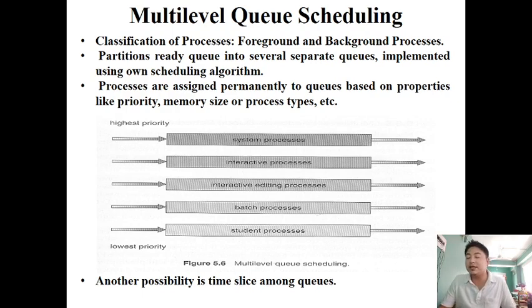Next, we have discussed another class of algorithm, the multi-level queue scheduling algorithm, where the processes are divided into different groups based on their properties, and the ready queue is divided into partitions, where the different queues are implemented using different algorithms, and the processes are assigned to these queues and executed.